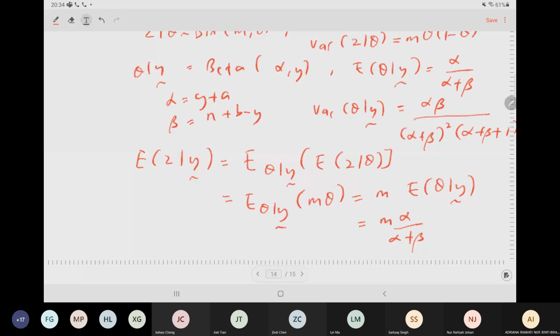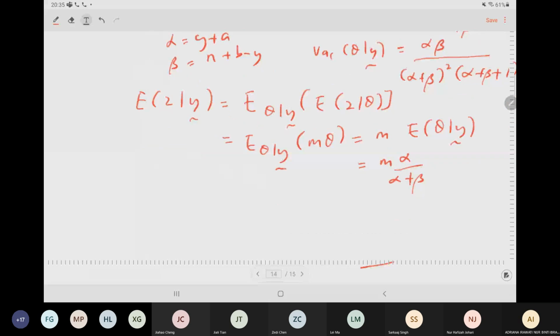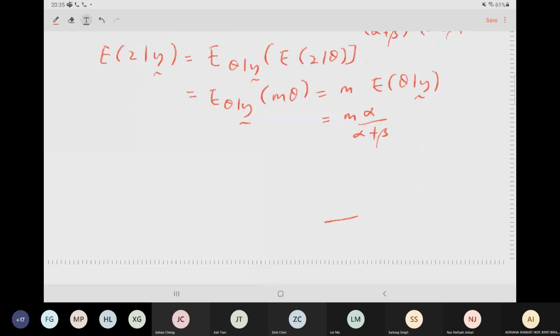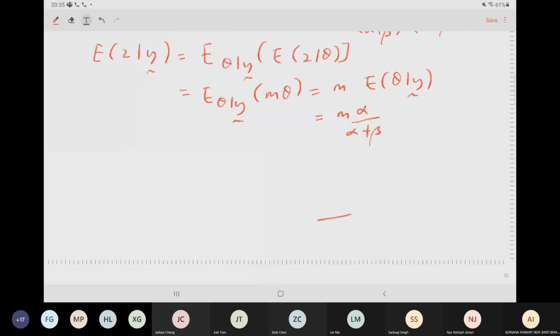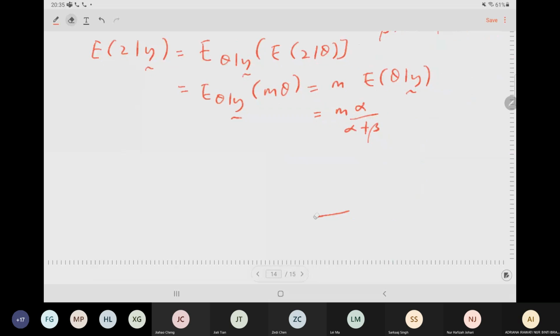So m is a constant, that's why you can take out the m here. But then the expectation of theta given y is actually your posterior expectation. Because theta is beta, it's going to be the mean of your beta distribution. Okay, so that is the mean. Usually the mean is actually the simpler part. Okay, and then you have the variance.